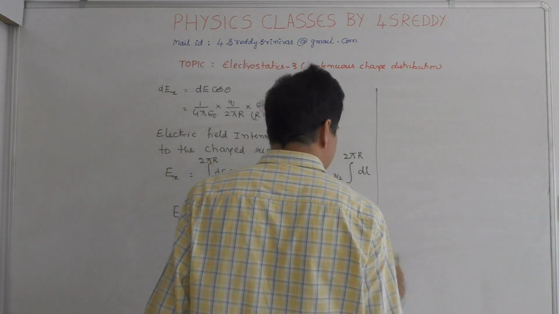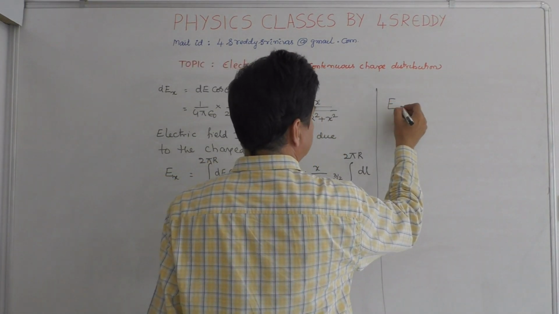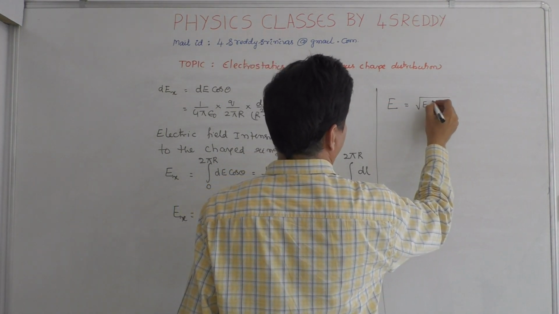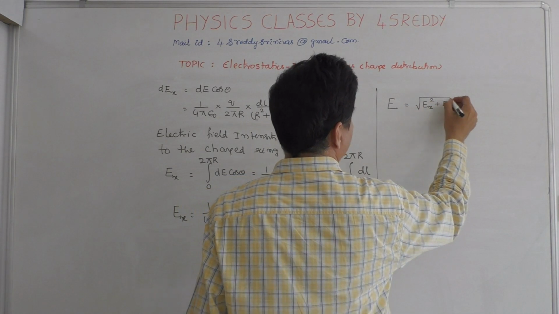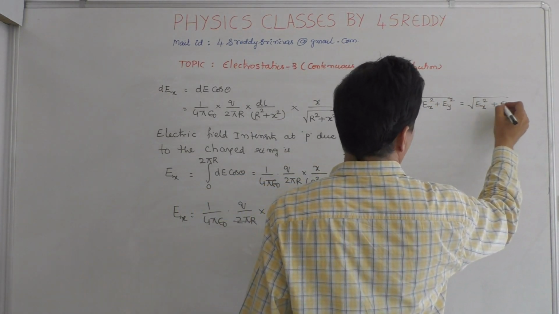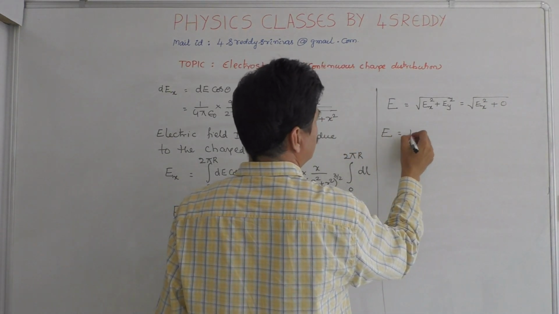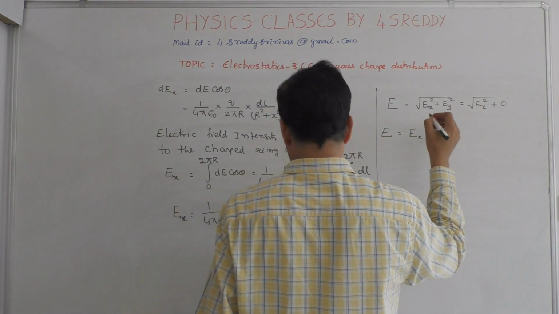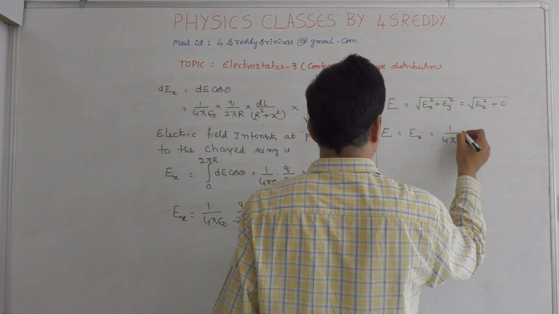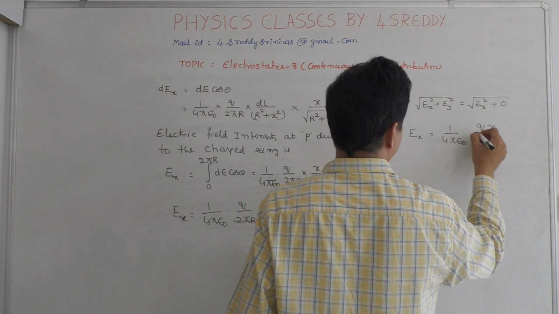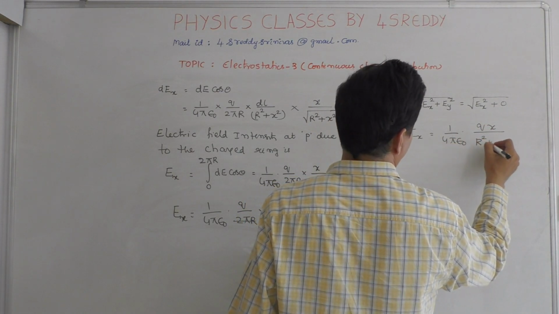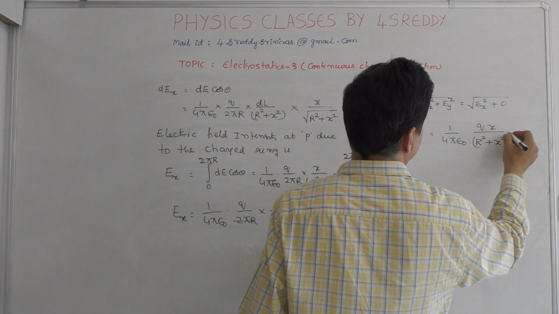Therefore, the electric field intensity E is equal to root over Ex square plus Ey square. That can be written as root over Ex square plus 0. Therefore, E is equal to Ex, that is nothing but 1 by 4 pi epsilon naught into Qx by (r square plus x square) whole power 3 by 2.